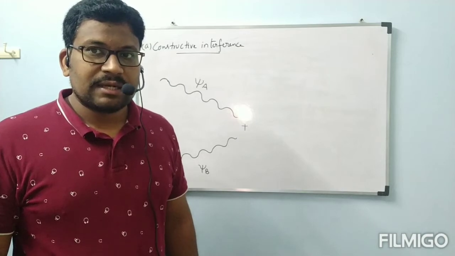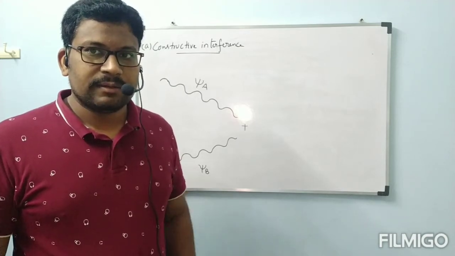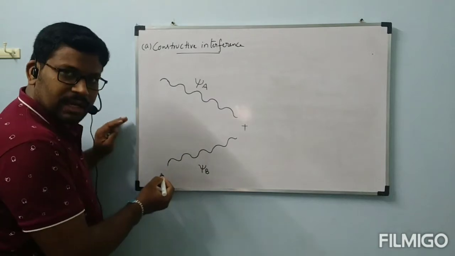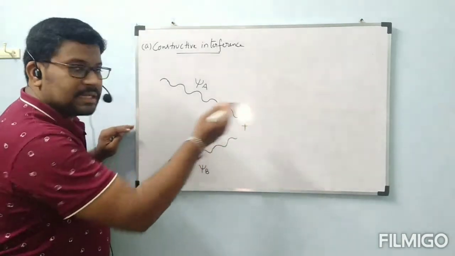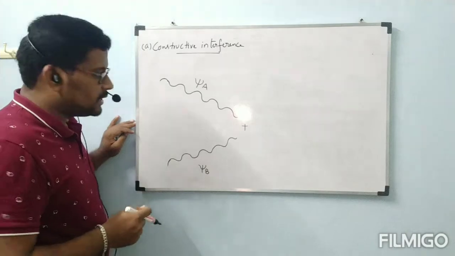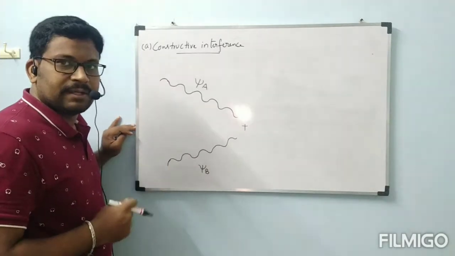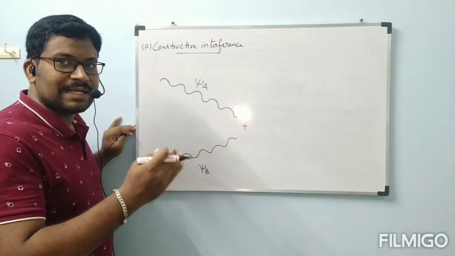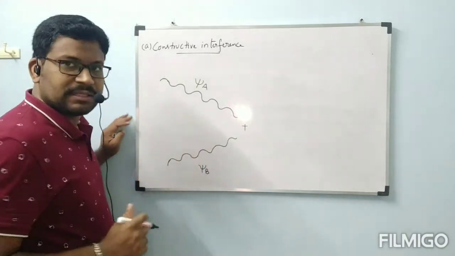Then the resultant wave is doubled. Suppose here amplitude A, here also amplitude A, then the resultant amplitude is 2A. Both are added. That's why we show psi A plus psi B.